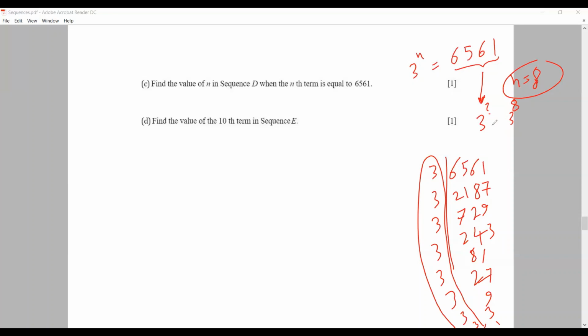Part D, find the value of the 10th term in sequence E. Sequence E looked something like this: 3 raised to the power of n minus n times (n plus 1).